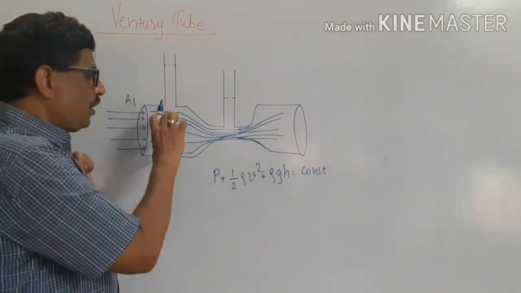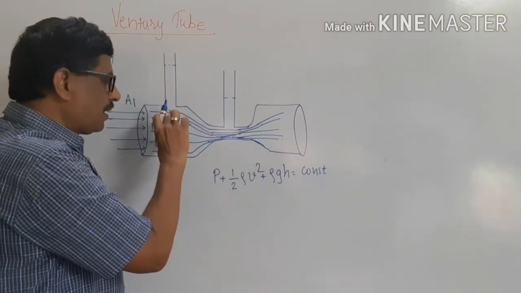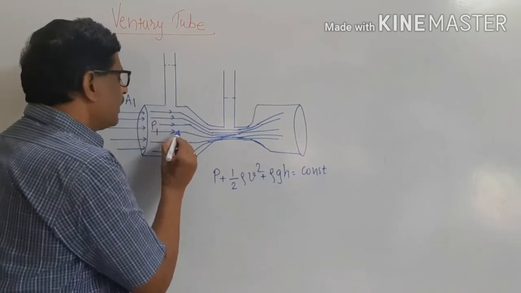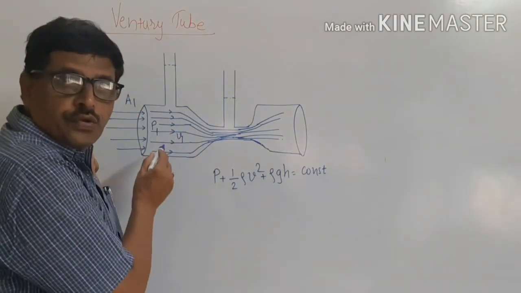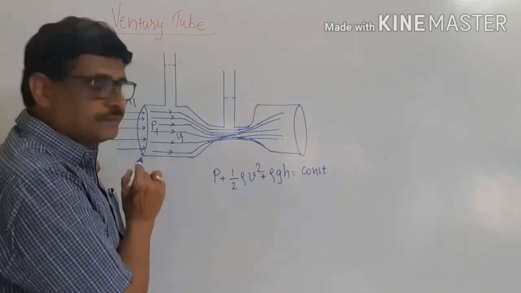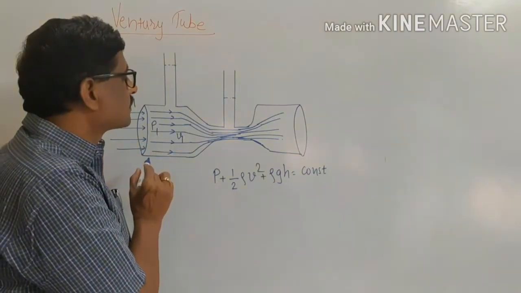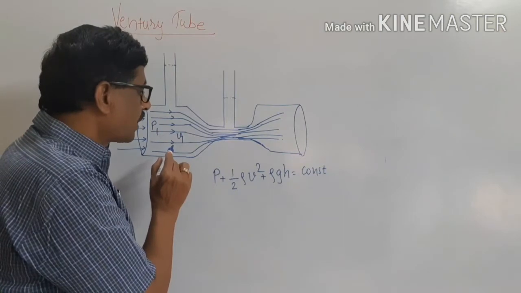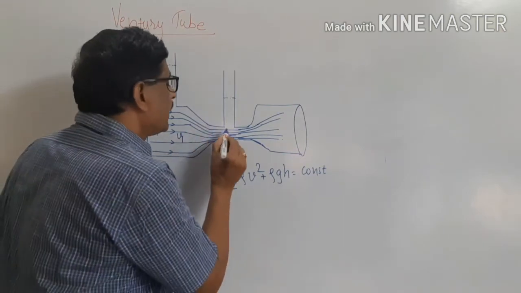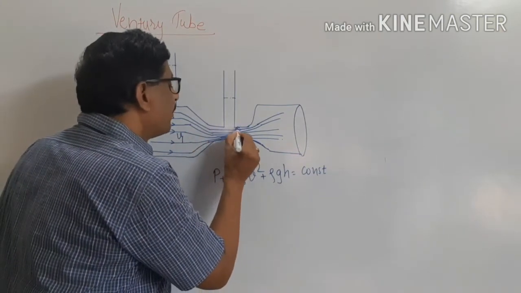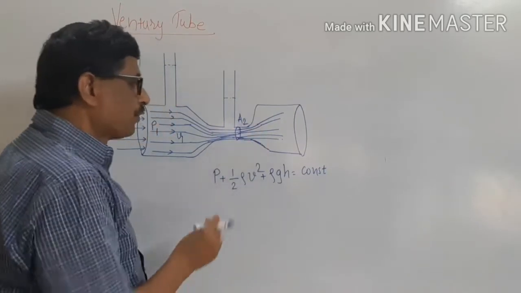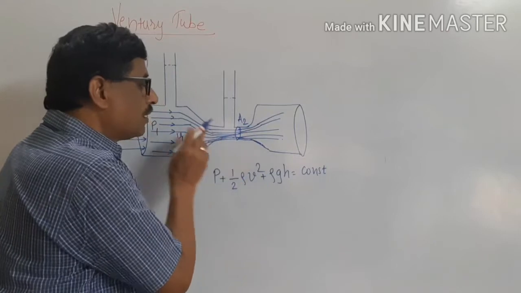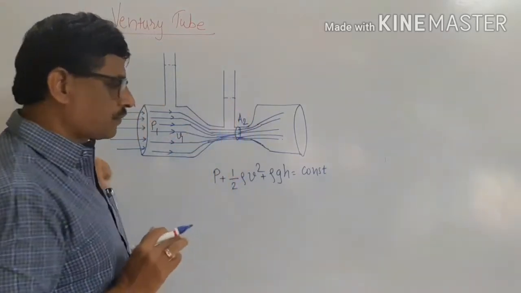In a region where streamlines are parallel and well separated, the fluid has a velocity v1 which is to be determined, and when they come to an area where the cross-sectional area is A2, which is very small, the velocity is more.